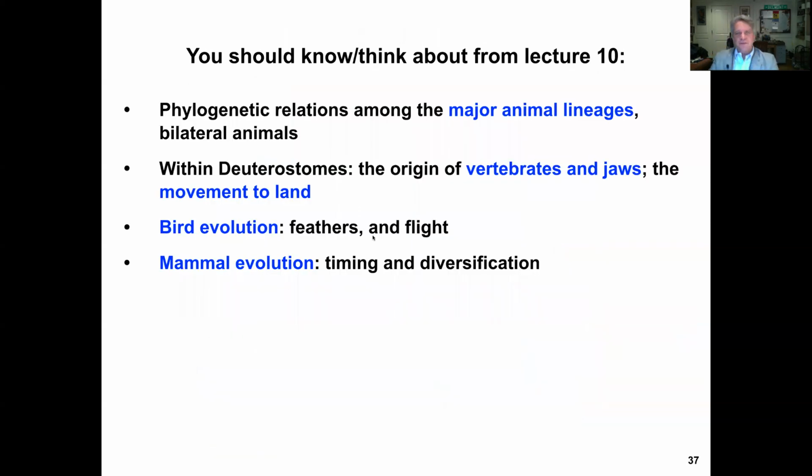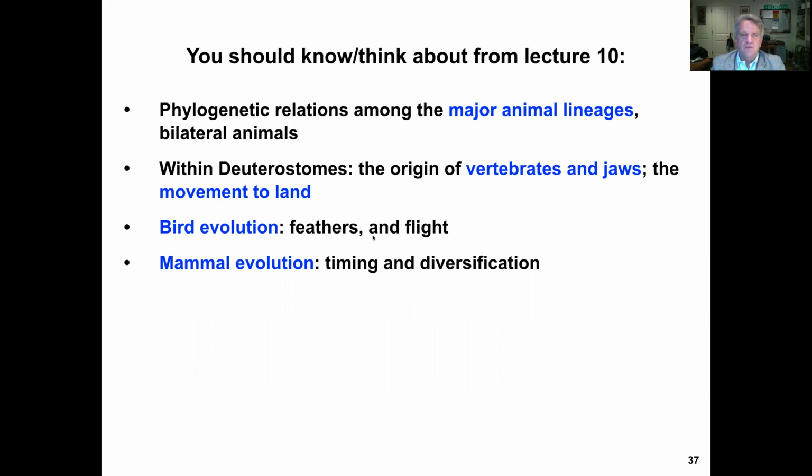Okay, so some of the things we should be thinking about in this second lecture on animal diversity is understanding the phylogenetic relationships among the major animal lineages, that is the deuterostomes, with the origin of vertebrates and jaws and their movement to land. With bird evolution, think about feathers and flight.